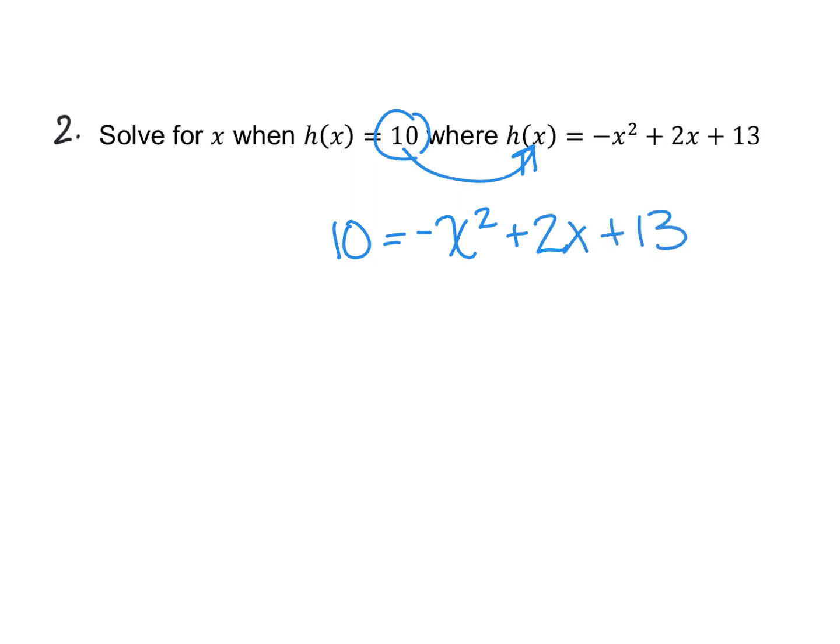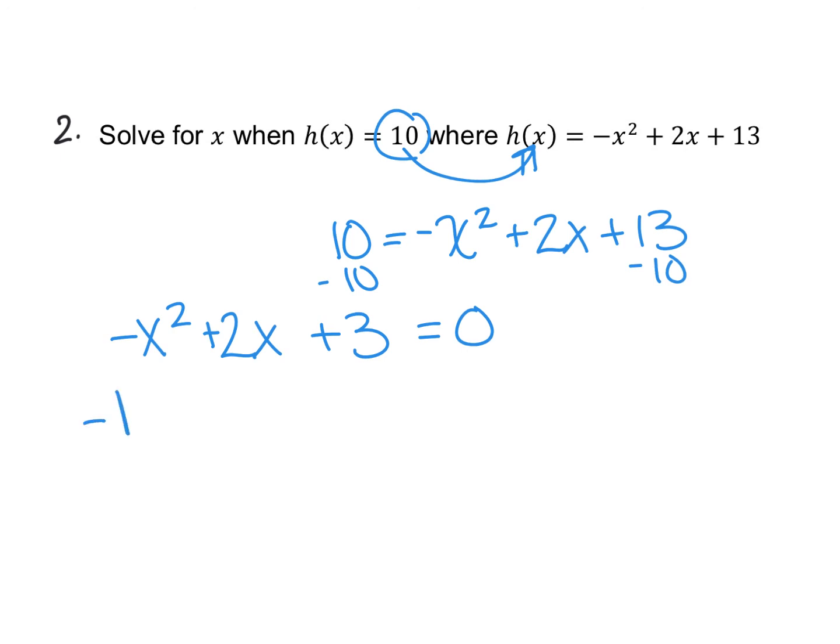All right, so remember we have to set it to 0, so I'm going to minus this 10. So I have -x squared plus 2x plus 3. I'm just going to move this 0 over here. And again, now I've got this negative, so I'm going to factor out that negative. So I'll have negative times x squared minus 2x minus 3.